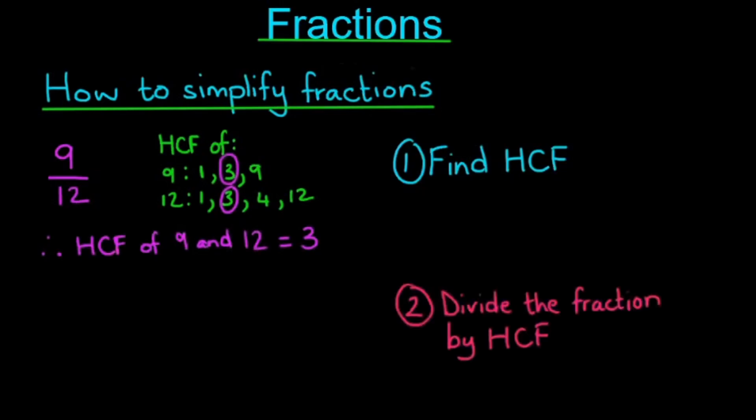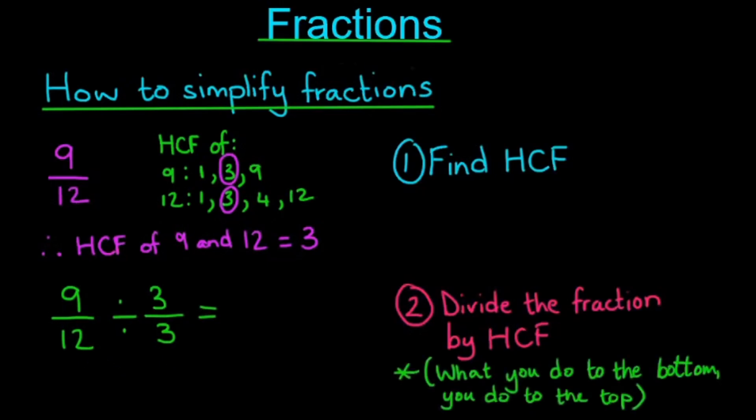So we divide the fraction by the highest common factor. Remember, what you do to the denominator, you do to the numerator as well. So our answer there will be 3/4. So 9/12 is equal to 3/4.